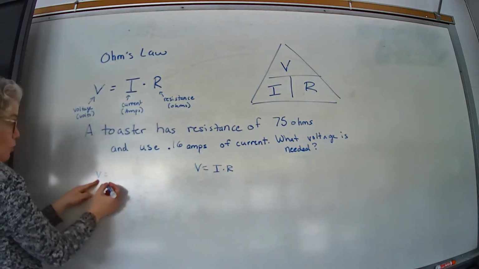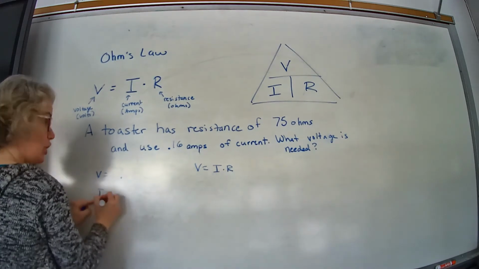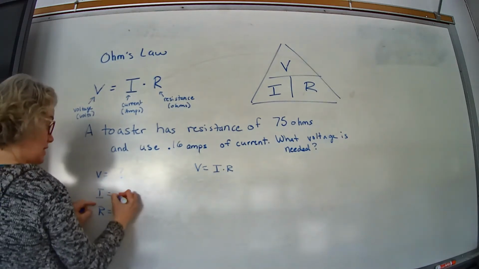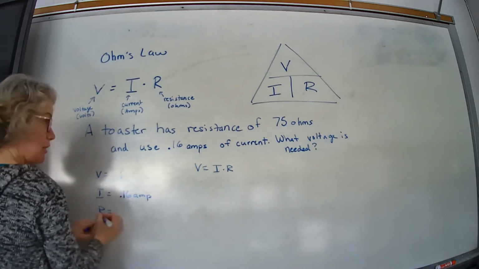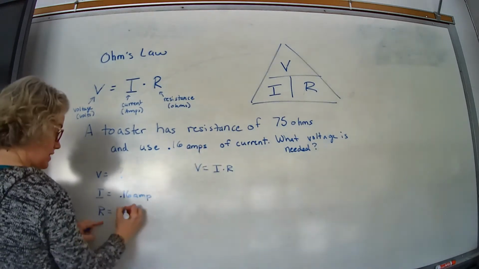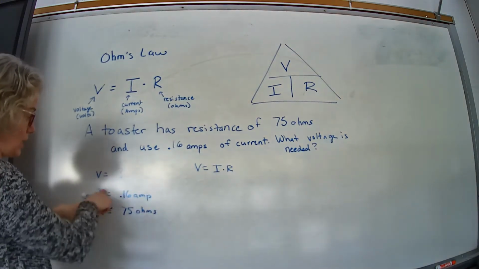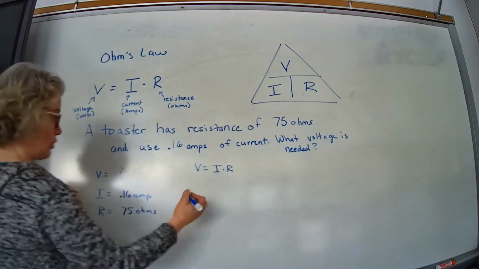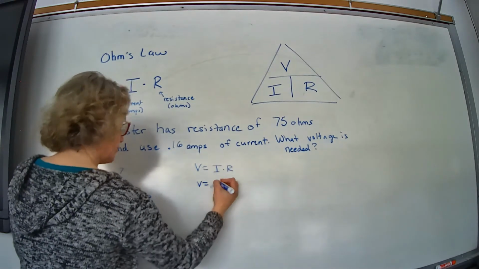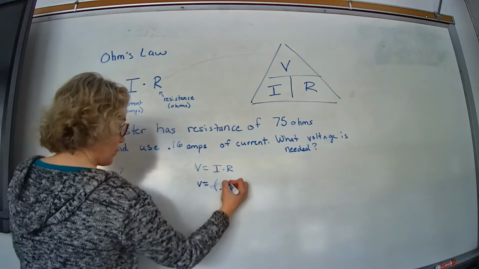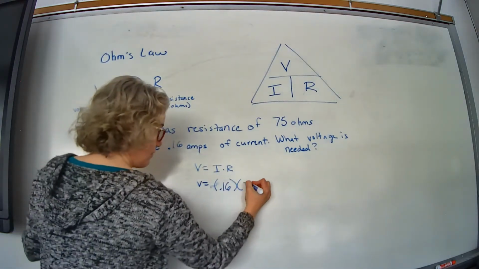So here we have voltage. We know that that is what we're trying to find. Current, in this case, is 0.16 amps. And the resistance was 75 ohms. And then I start to plug these values into the equation. Voltage equals, the current was 0.16 and the resistance was 75.